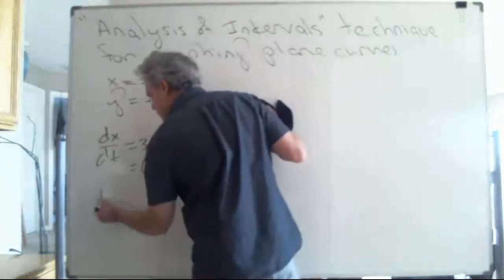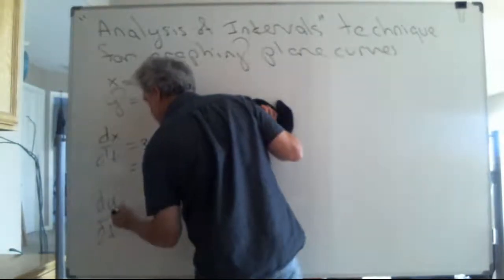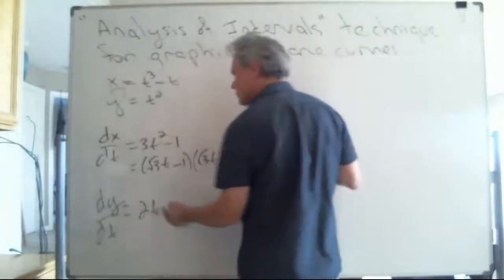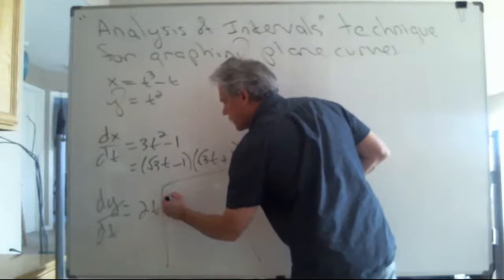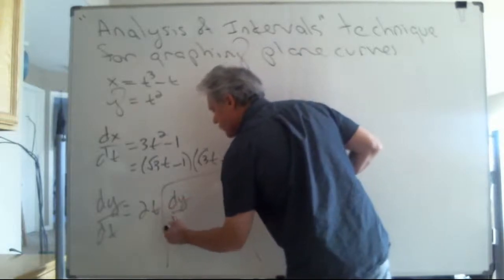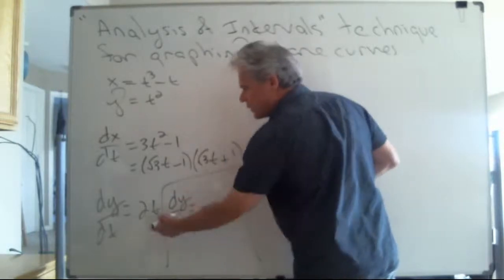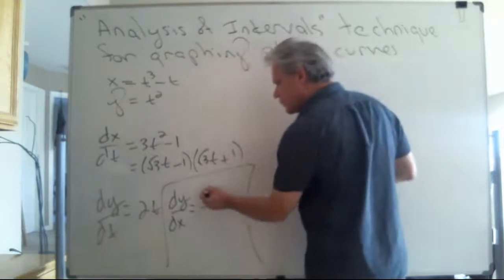And dy/dt is just this. So that in the end, the slope of the tangent line to my curve is nothing more than the ratio of the second to the first.